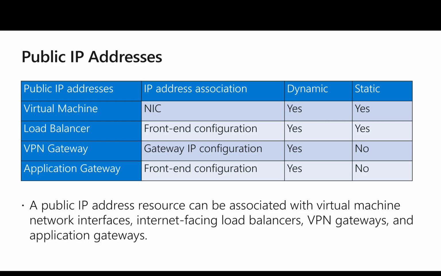And for the virtual machine and the load balancer, we have the option of assigning both dynamic and static, but for the VPN gateway and application gateway we can't retain the IPs, so it is always dynamic.